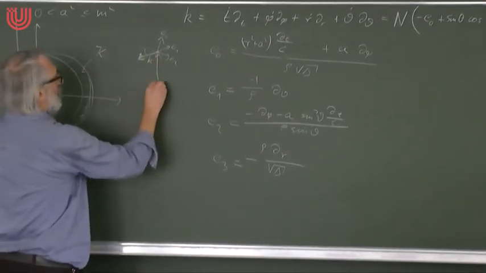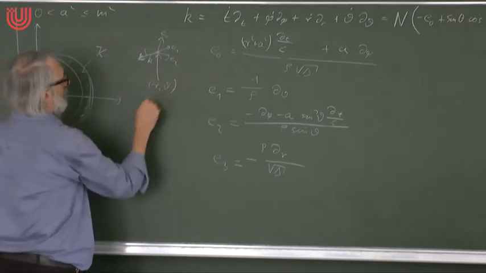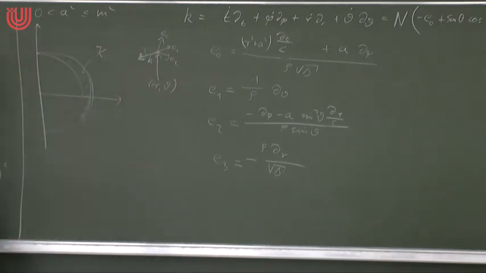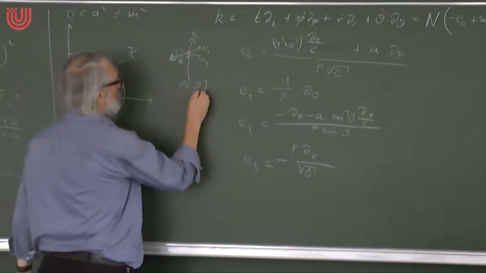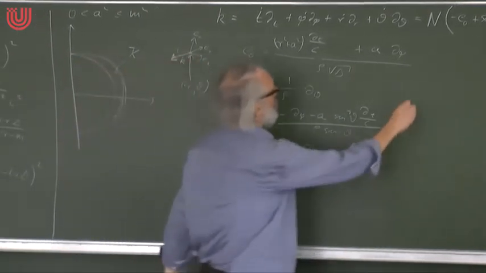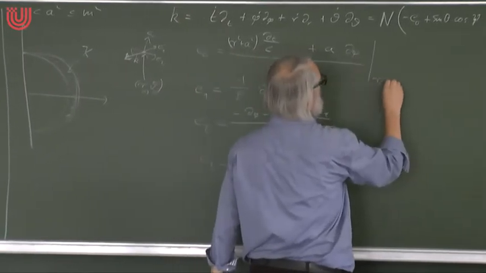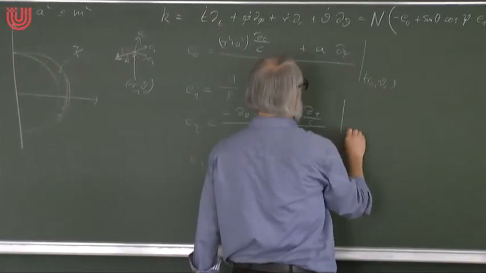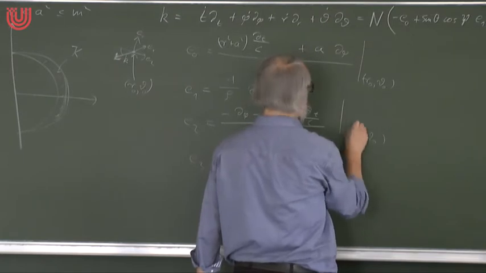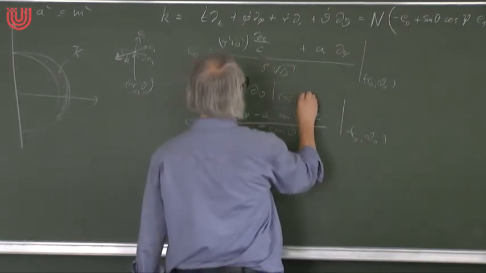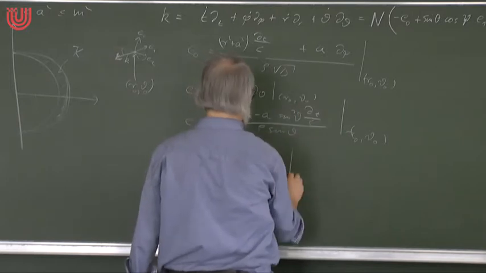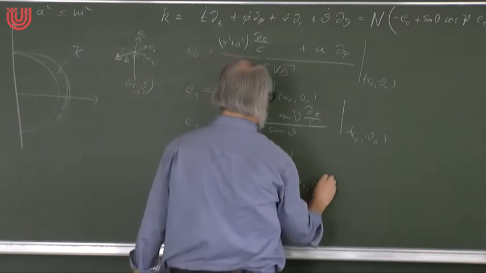Maybe we could put an index O here for observer, and everything would be at r_O, theta_O.